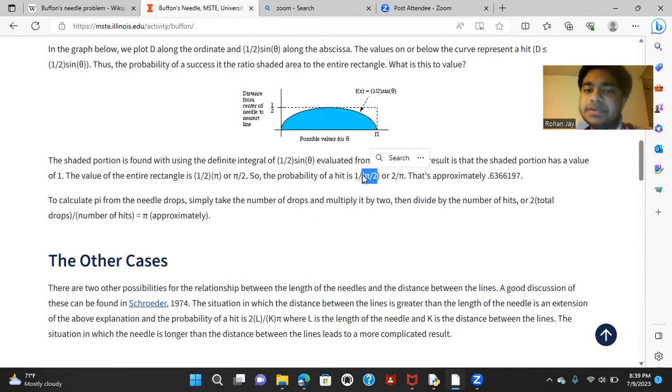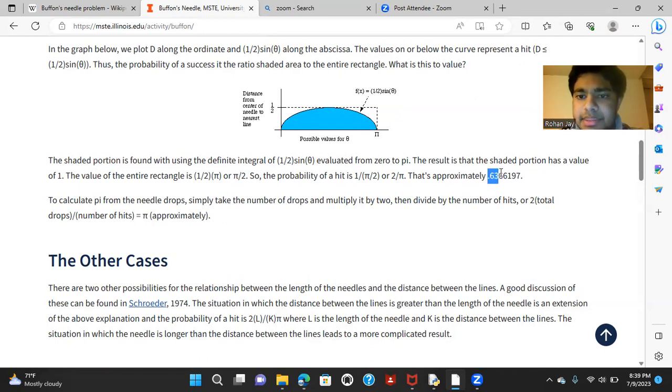The reason why these are decimals is that we're using different units for the number of times it crosses and the number of times we drop it. And then here pi over 2. And then here we get 2 over pi, which is the probability.